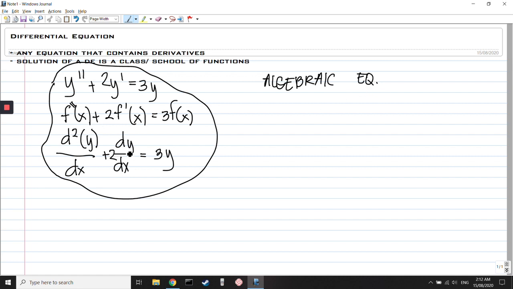The solutions of these equations are functions, or a class of functions.